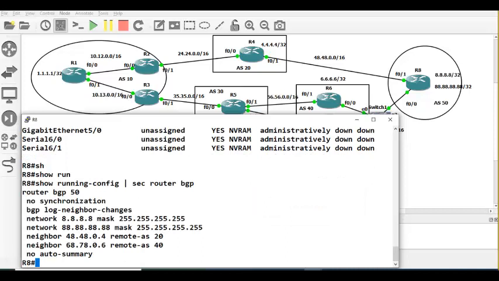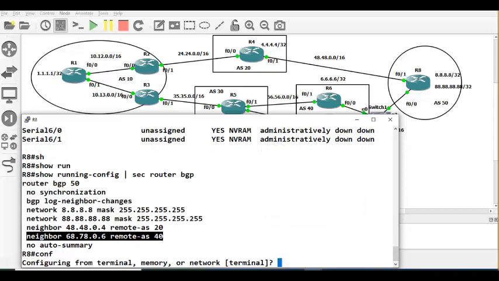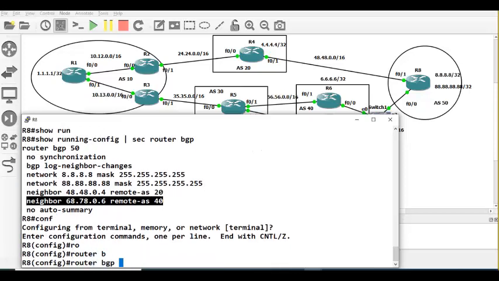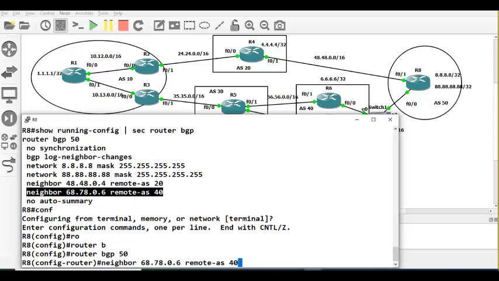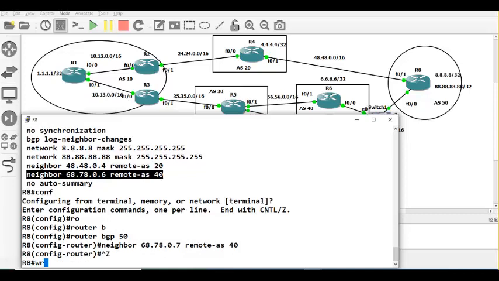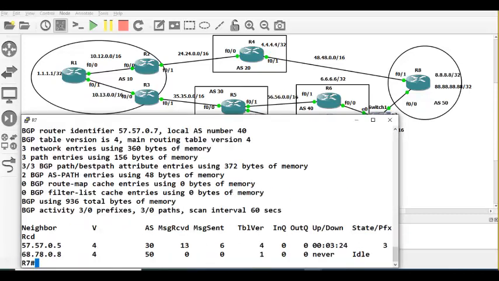I don't see neighbor 7. I need to save this now. Okay. So I'm expecting now the neighbor to come up.